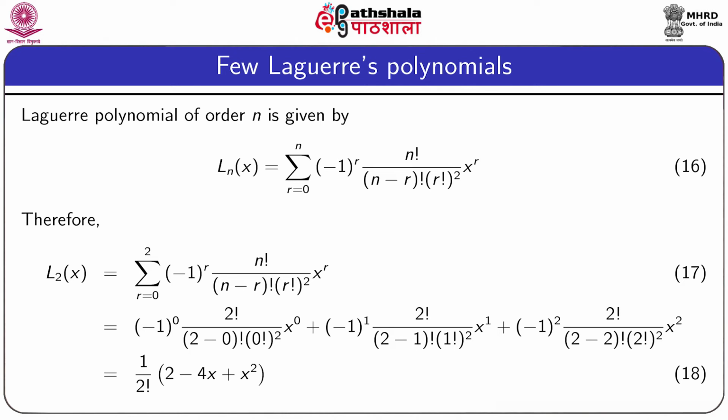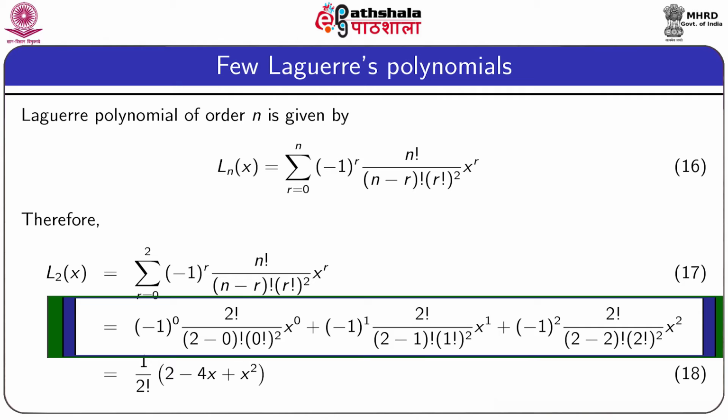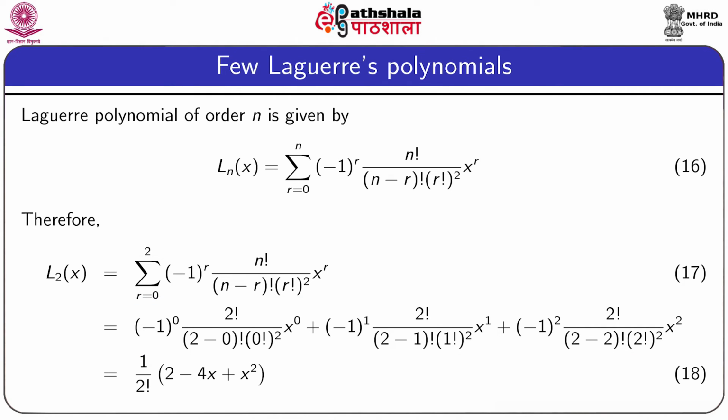If you expand this, you will get the next 4 terms: (-1)^0 · 3! divided by (3 - 0)! · (0!)^2 · x^0, plus (-1)^1 · 3! divided by (3 - 1)! · (1!)^2 · x^1, plus (-1)^2 · 3! divided by (3 - 2)! · (2!)^2 · x^2, plus (-1)^3 · 3! divided by (3 - 3)! · (3!)^2 · x^3.